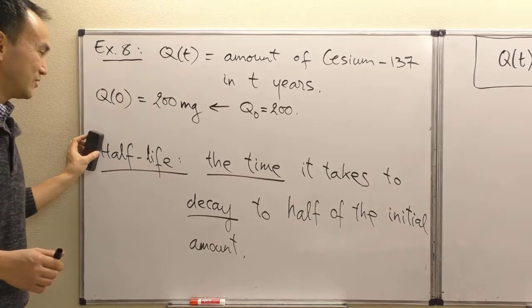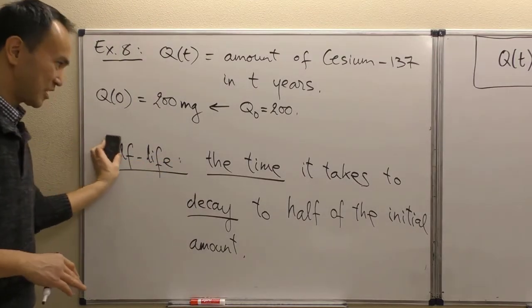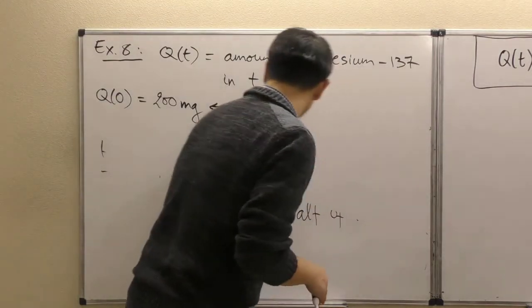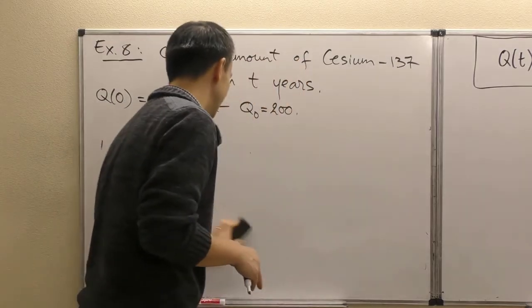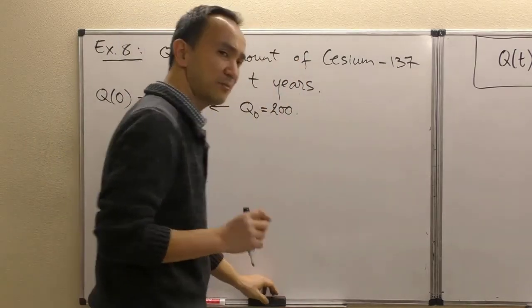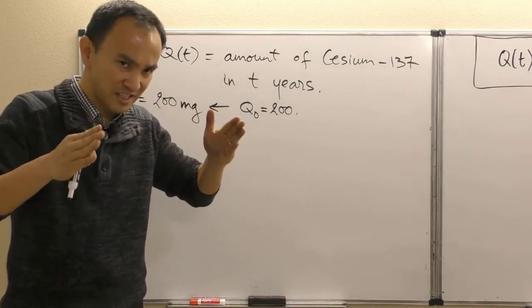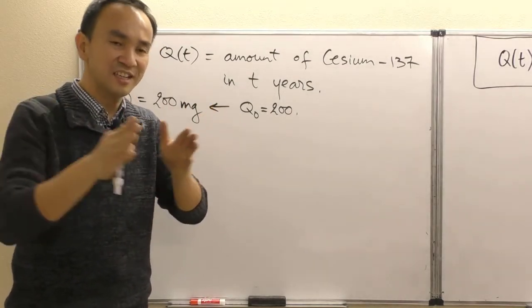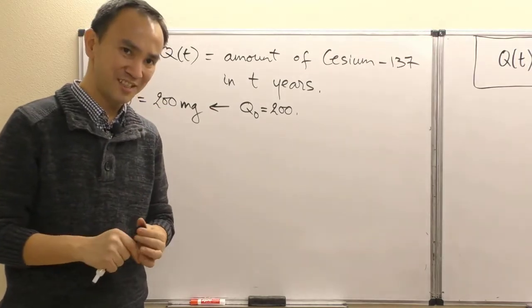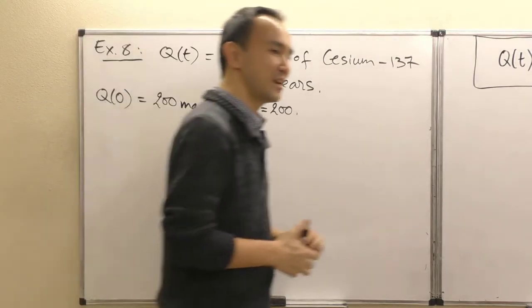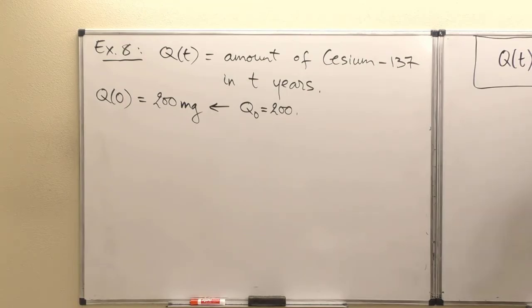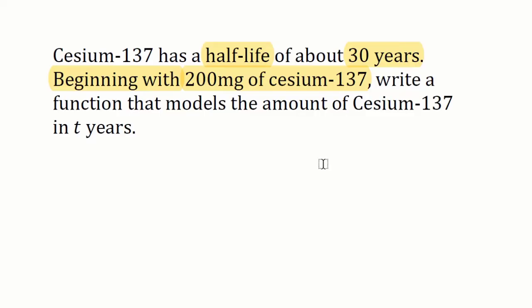Now allow me to erase this because I need more board space to work with. After understanding what half-life is, it's how much time it takes to decay to half of the original amount. One more time, I'm going to turn to the worded description. Cesium-137 has a half-life of about 30 years.